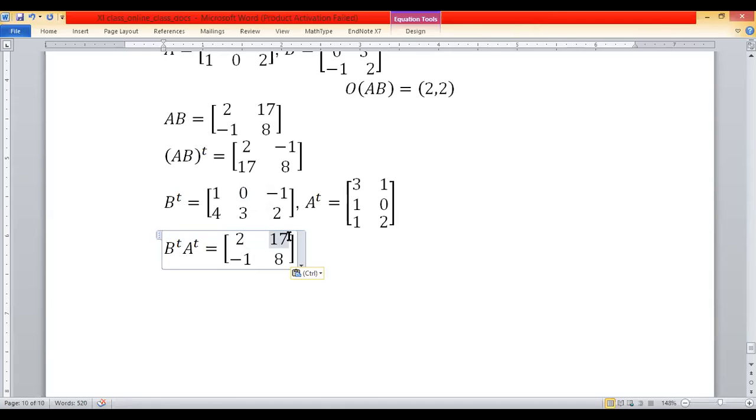So minus 2 plus 1 is minus 1. 4 times 3 is 12, 12 plus 3 is 15, plus 2 is 17. And 4 times 1 is 4, 2 2s are 4, remaining would be 0. So you can see (AB) transpose is the same as B transpose A transpose.